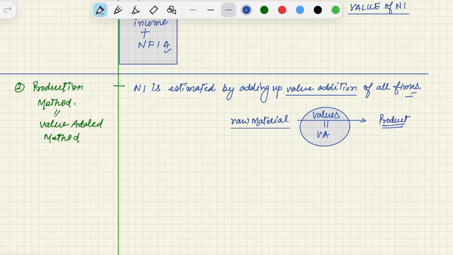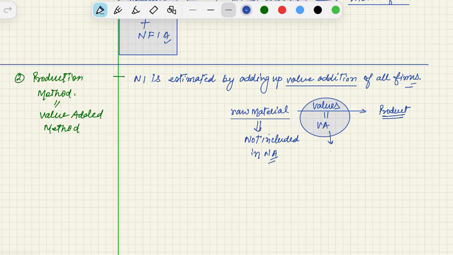Rubber is a raw material for manufacturing a shoe. जूते बनाने के लिए आपको रबर की जरूरत पड़ सकती है, but that will be considered a raw material. And I already told you that raw material is not included in national income. Only the value addition, whatever we have done with the rubber by adding different things, will be counted in the national income. You have to remember that.